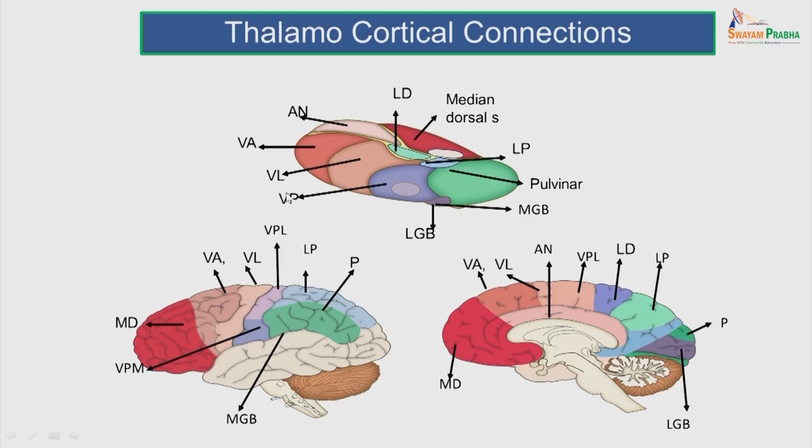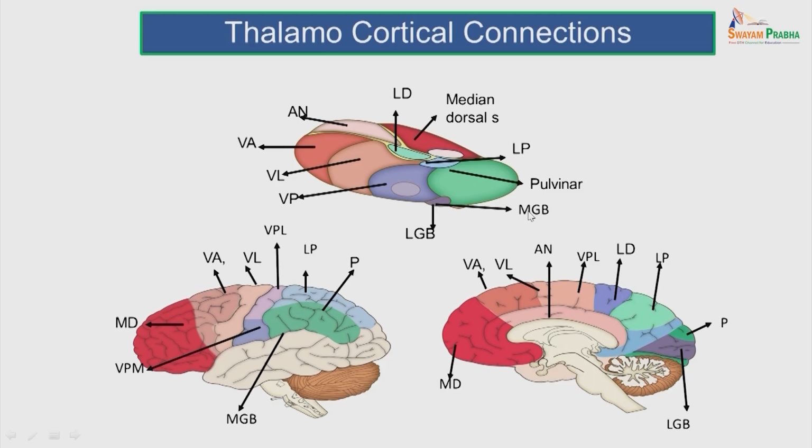Then we have the ventral posterior nucleus, the VPM and VPL nucleus, relayed in the primary sensory area 3, 1, 2. The VPM nucleus is relayed in the lower part, carrying the sensation of taste and also the general sensation to the head and neck region.